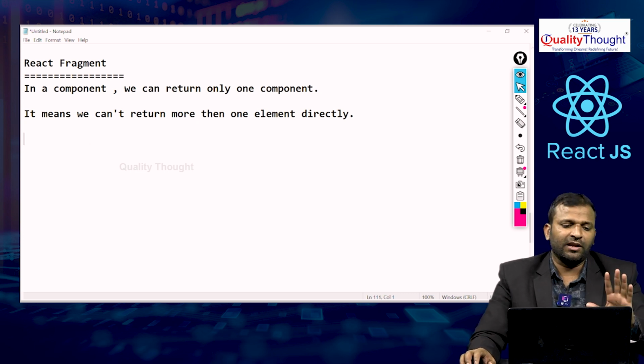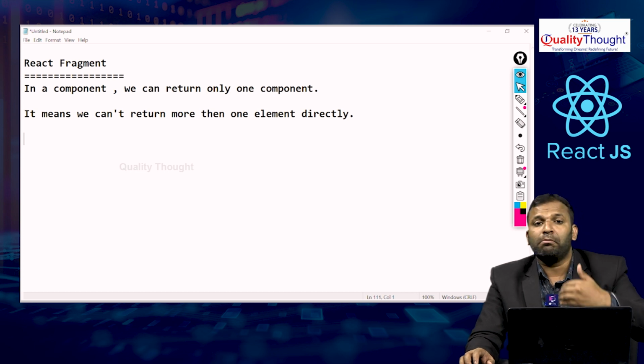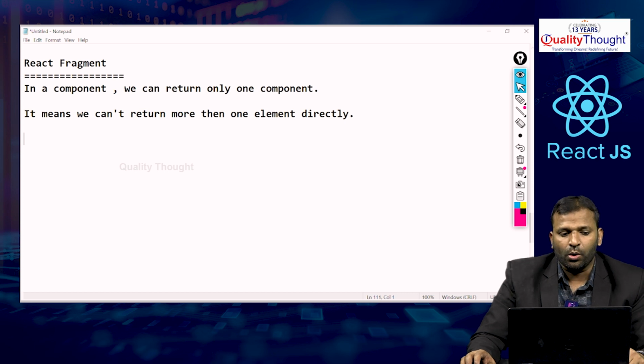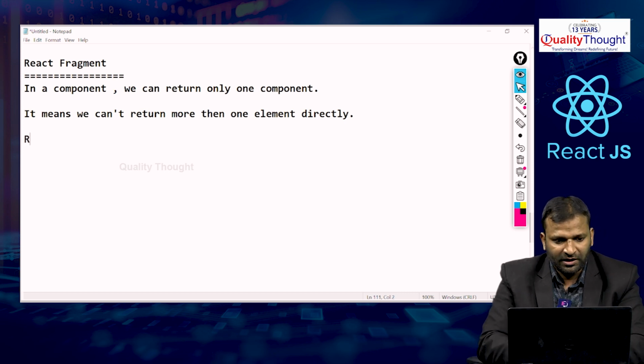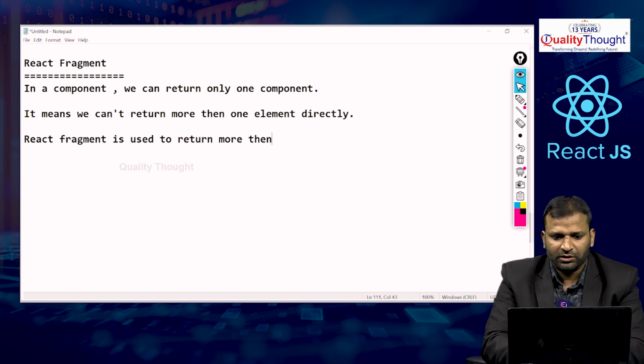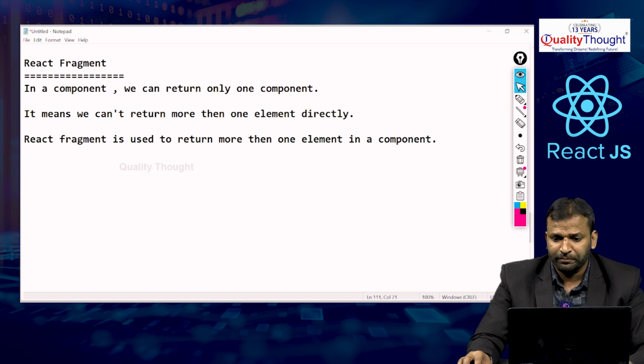React fragment is telling, with the help of me, you can return multiple elements. Let me say here, React fragment is used to return more than one element in a component. Yes, we can return more than one element in a component.